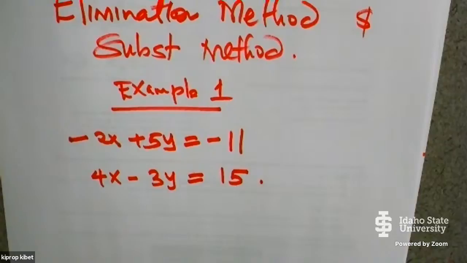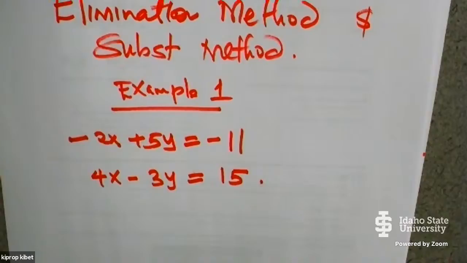If you look at the first equation, this is 2, and this one is 4. If you want to eliminate one of the variables, either x or y, what can we do to this equation or this equation?